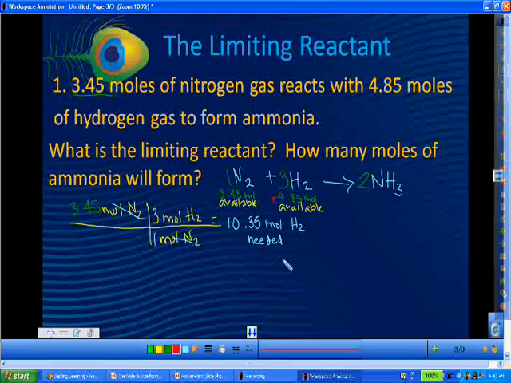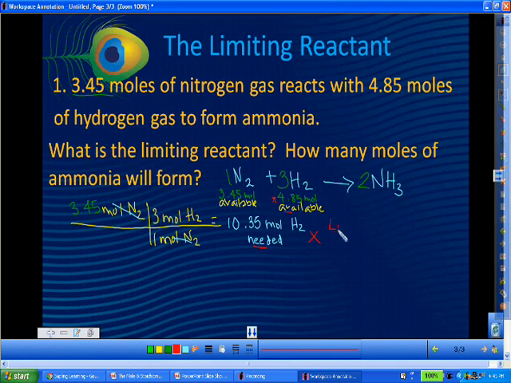We need 10.35. So do we have enough moles of hydrogen available to react with 3.45 moles of nitrogen? Do we have enough available? No. So we don't have enough available there. So that already tells us that this is our limiting reactant. Hydrogen is our limiting reactant.